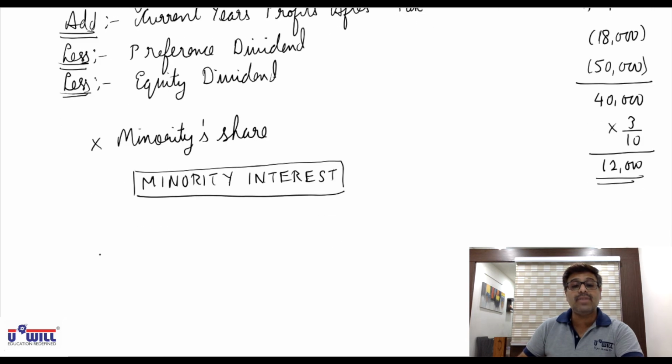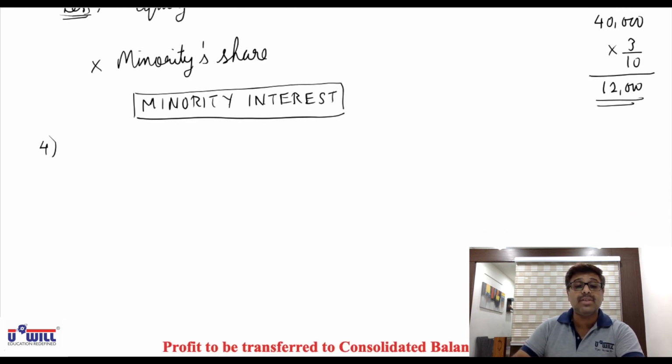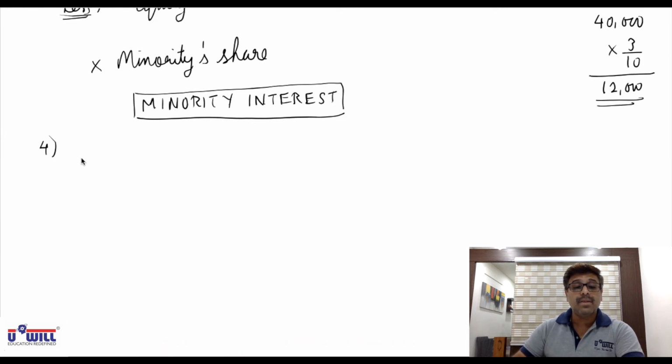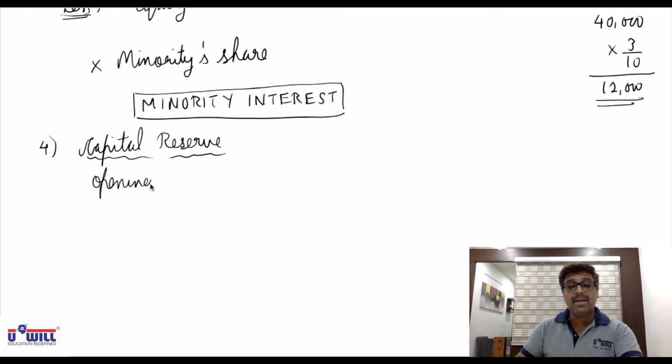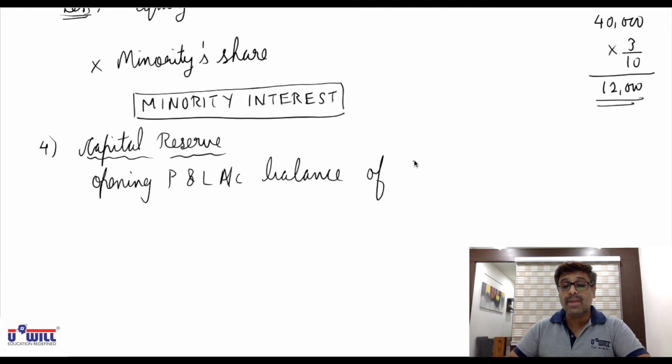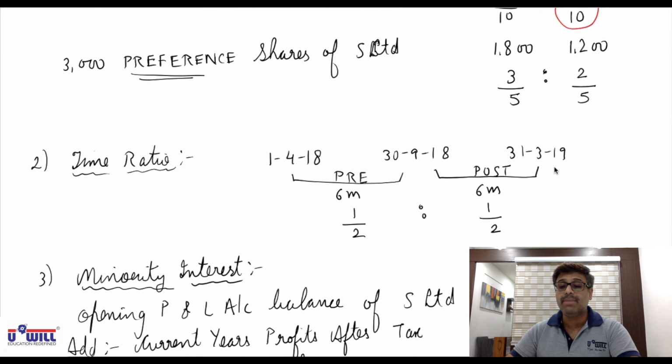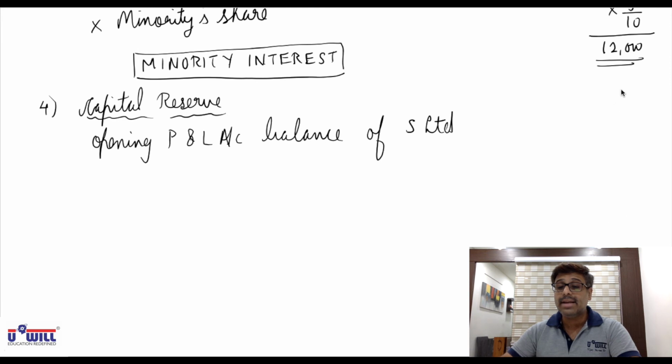Then after minority interest, fourth working we will make for capital reserve. Here also entire working note will come. All items are given. So first again we will start with opening profit and loss account balance of S Limited, that is 8,000.